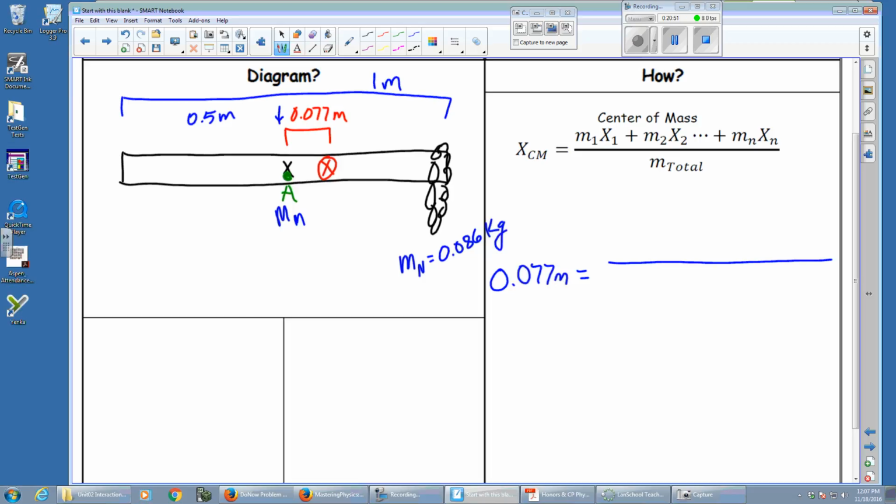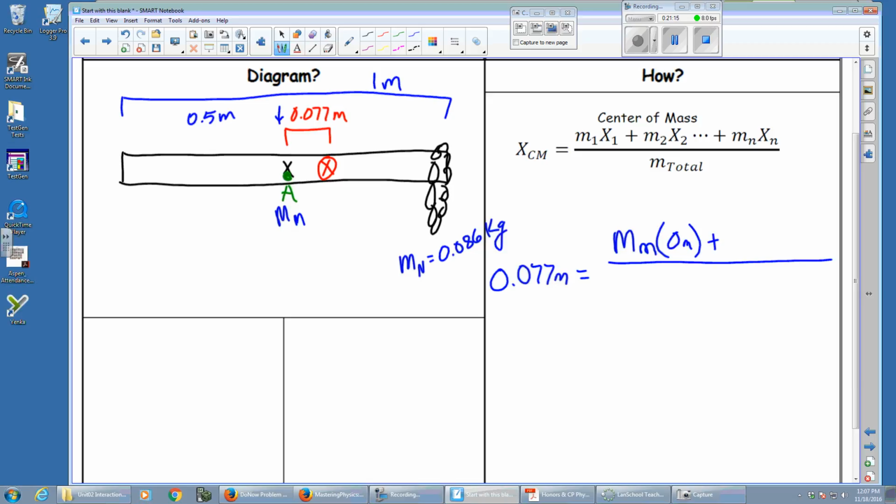Okay. Is everyone okay with the meter stick being number 1? Do we know the mass of the meter stick? No. So we're going to put in M sub M. How far away is the center of mass of the meter stick from point A? 0 meters.